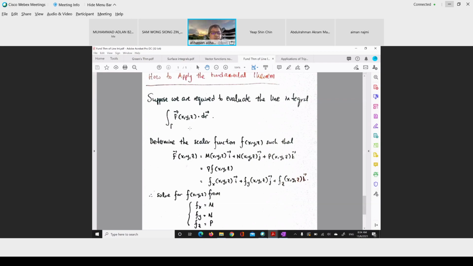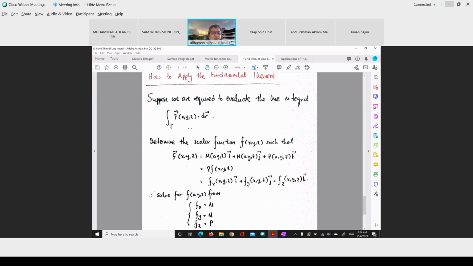So suppose omega is a region in the xy plane bounded by a closed curve gamma. This applies to a region on a plane bounded by a closed curve gamma in the counterclockwise direction.